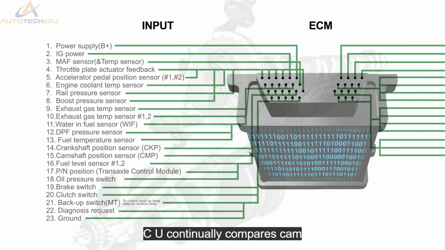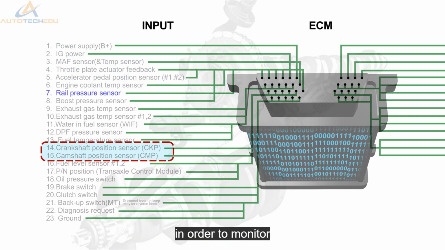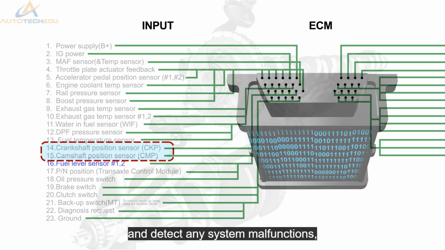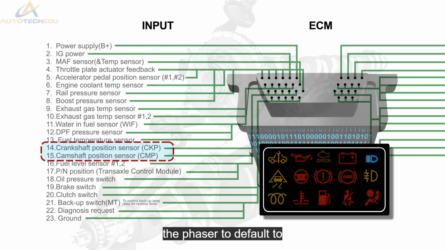The ECU continually compares cam position to crankshaft position in order to monitor and detect any system malfunctions. Any fault detected will cause the phaser to default to its home position and a DTC will be logged.